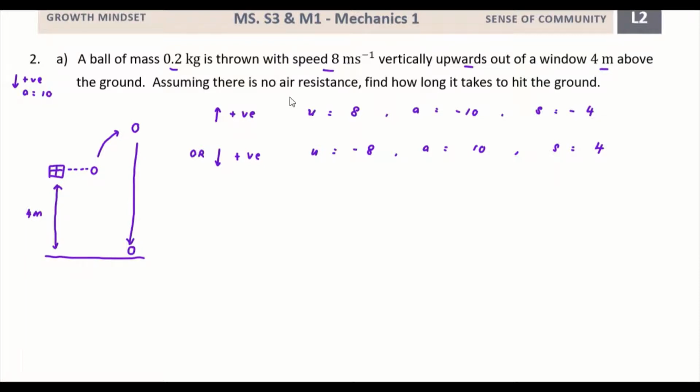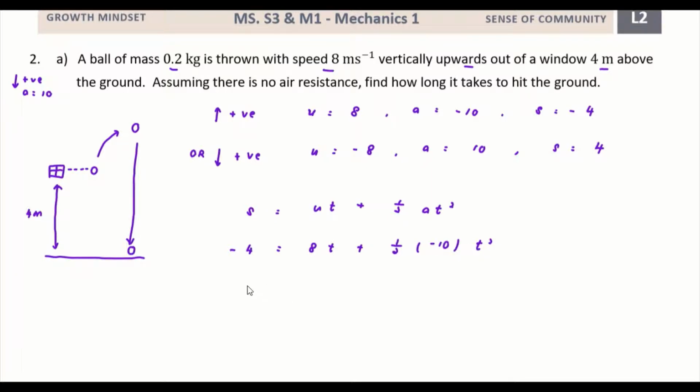Okay, so we are going to find the time it takes to hit the ground. So s is equal to ut plus 1 over 2 at square. For s we can use the first set: negative 4 is equal to 8t plus 1 over 2 times negative 10 t square.